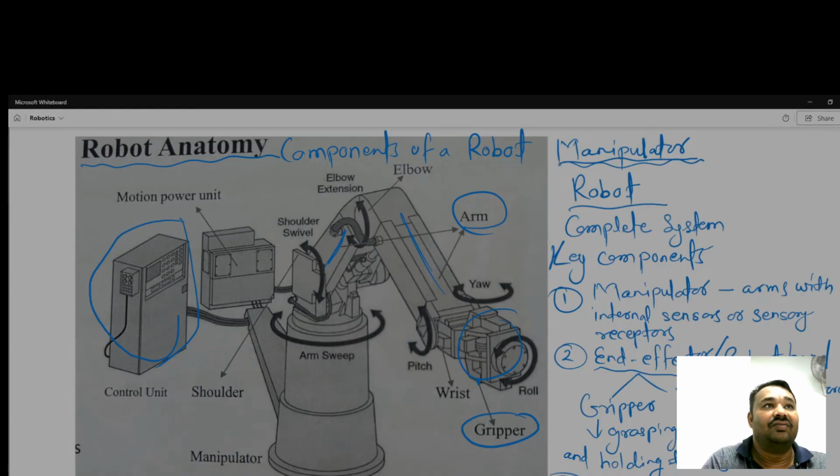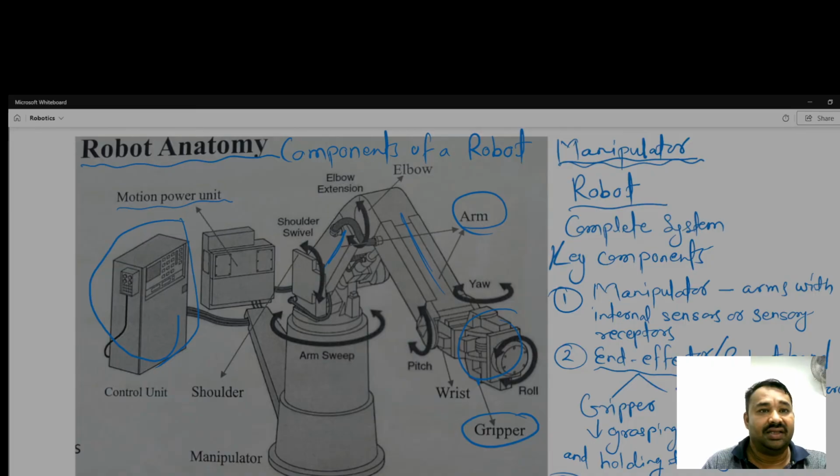Obviously the power unit is required to provide motion to the manipulator through the actuators, through the motors. If we use electric motors, or if there are mechanical drives like cables, through the cables also we can actuate the robot. In that case it can be replaced by mechanical actuators.